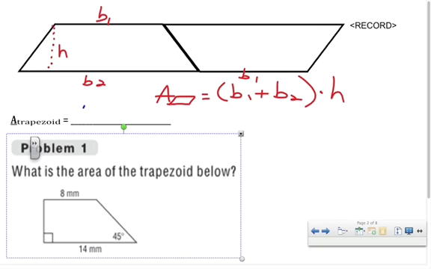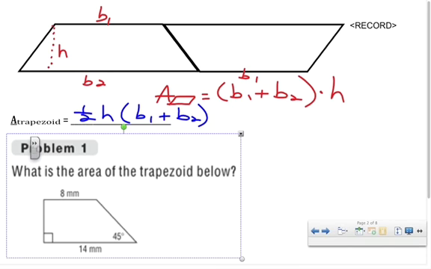Half of it. So there's that 1/2 height times base 1 plus base 2 that I'm sure you've seen before, and it is on the reference sheet. But again, in this class, I try to push you to see why things are and not just, here's a formula, take my word for it.